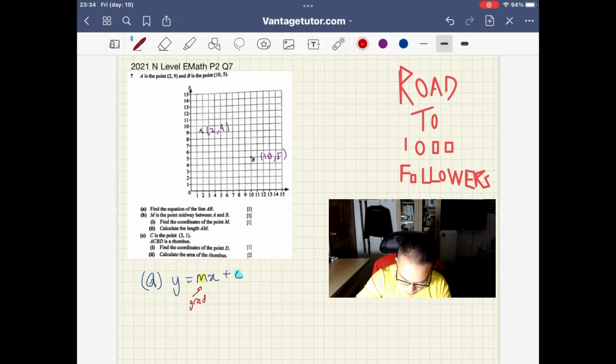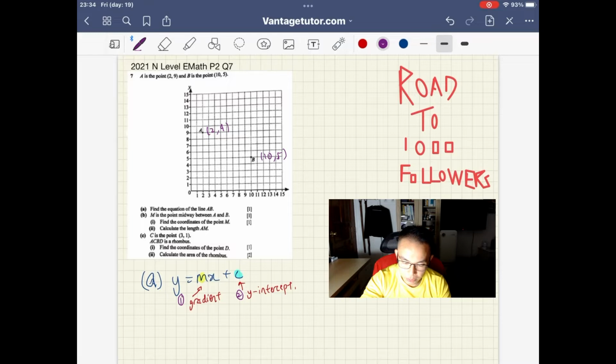Someone that day asked me what m means. It's your gradient. Very often I find my gradient first, then my y-intercept.